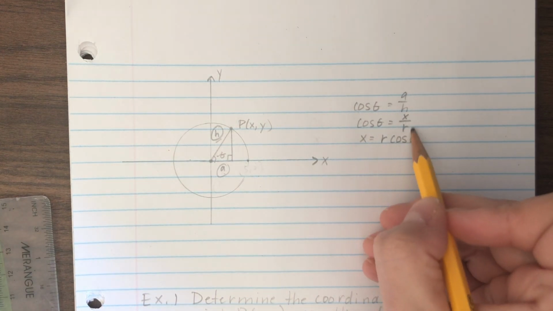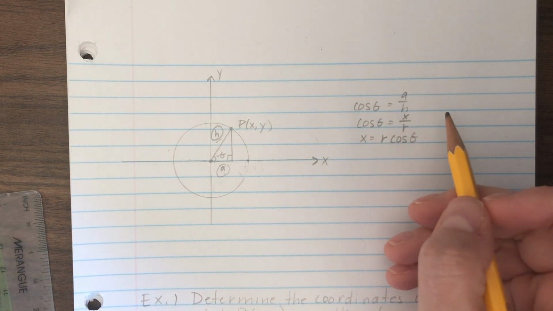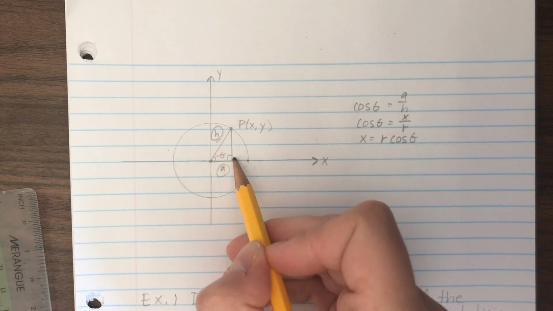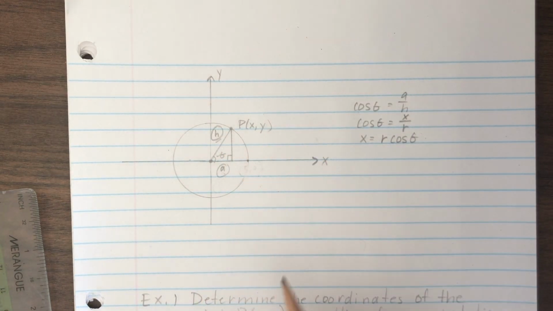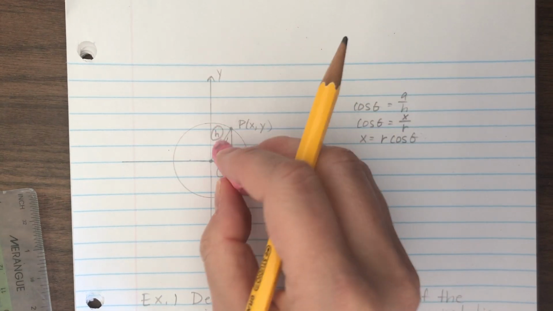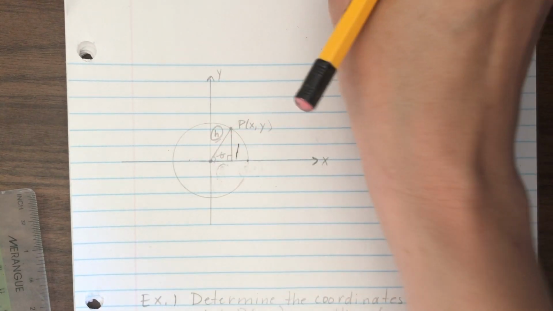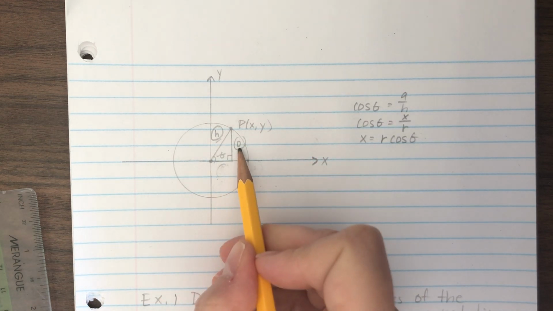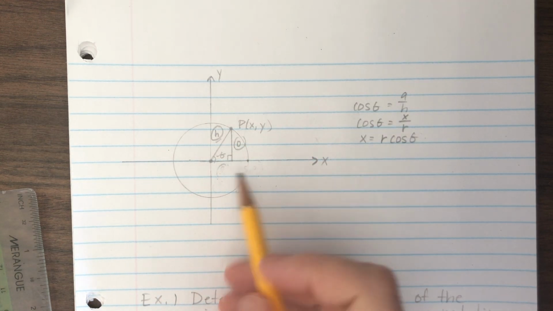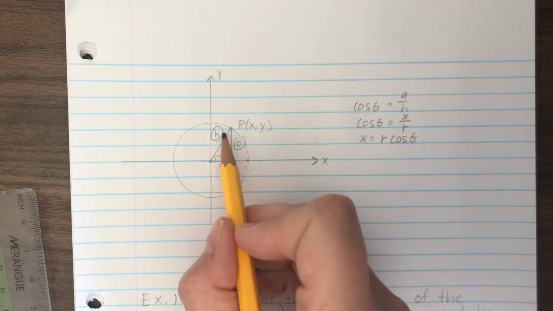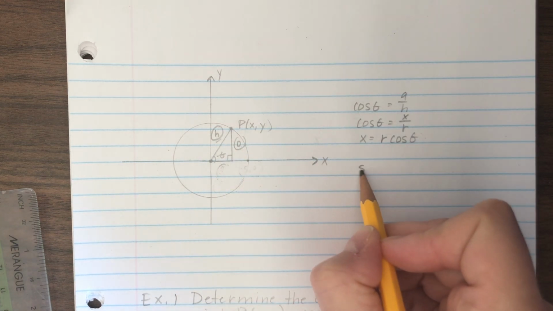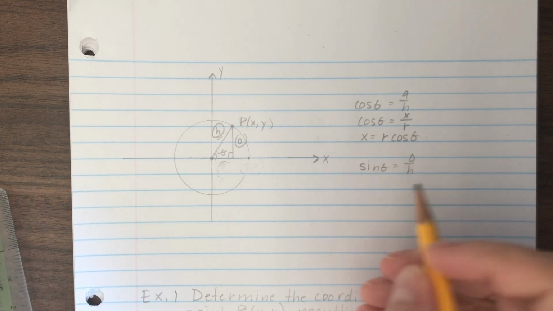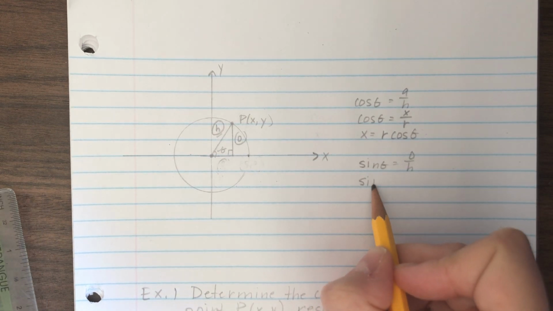Okay, because in order to get rid of the r, I would have to multiply both sides by r. Now to find the vertical side, which would represent the y coordinate, I would label it as the opposite side in relation to the angle here. And since we have the opposite side and the hypotenuse now, we would use the sine primary trig ratio to find the y coordinate.